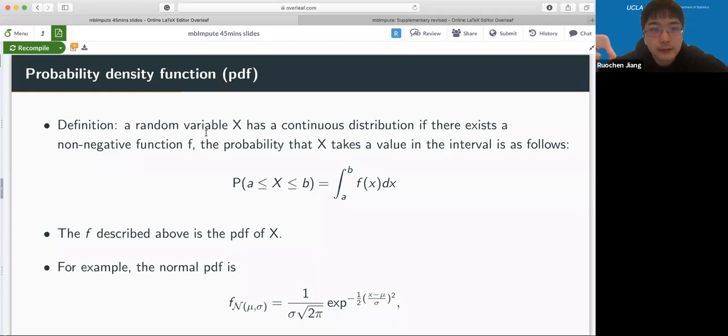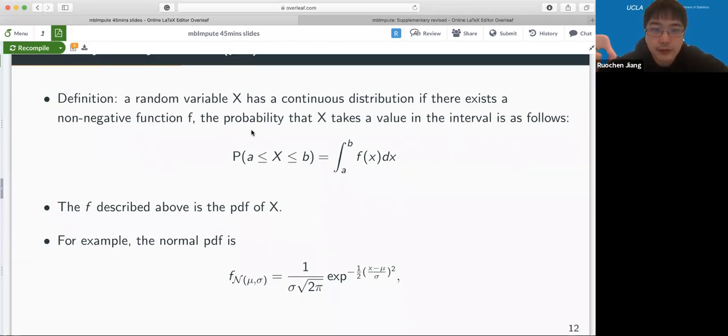A random variable x has a continuous distribution if there exists a non-negative function f, and the probability that x takes a value in the interval is as follows. When x is greater than or equal to a and less than or equal to b, the probability of that is the integral of f(x) from a to b.